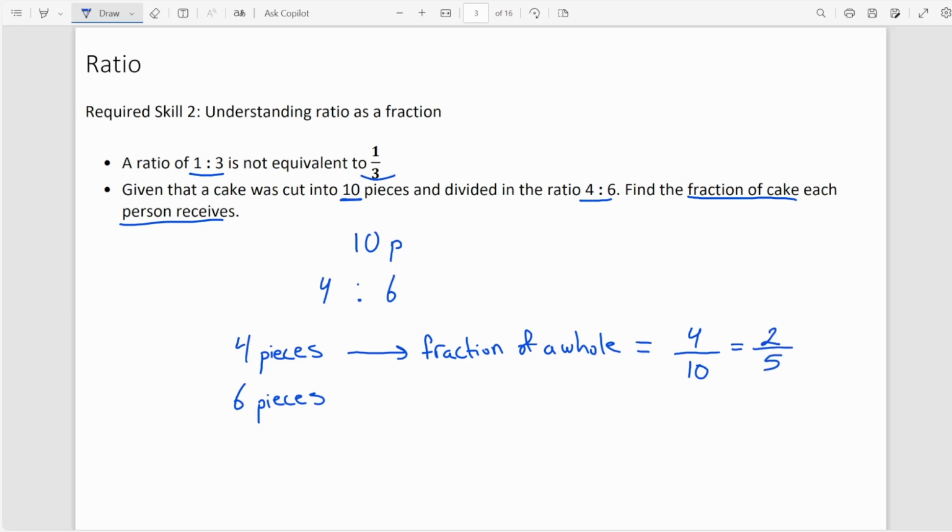So we can say that the first person received 2/5 of the cake. Now the second person received 6 over 10 being the whole. Okay? Which also simplifies to 3 over 5. Okay? And so the second person, we can say that he received 3/5 of the cake.